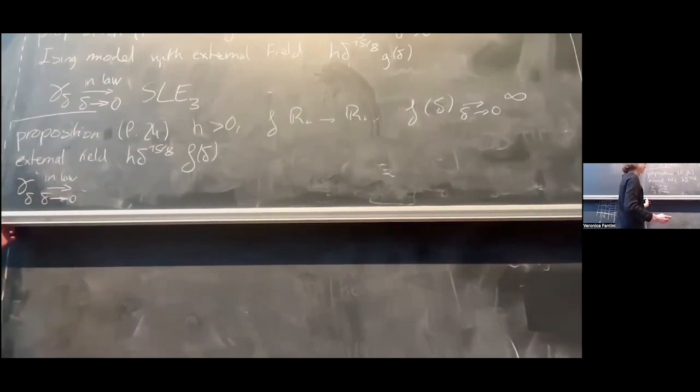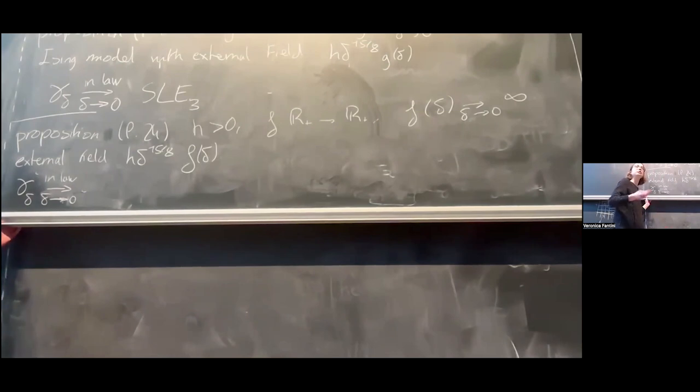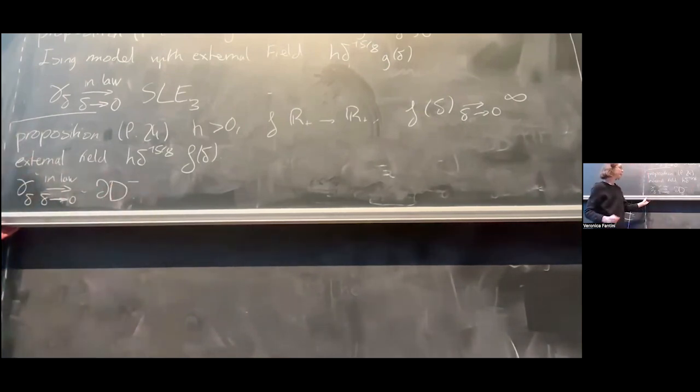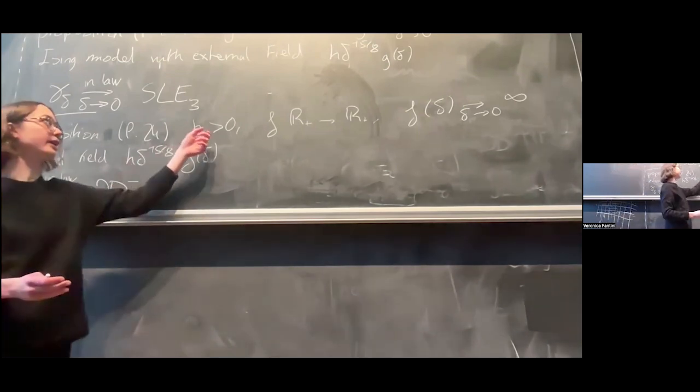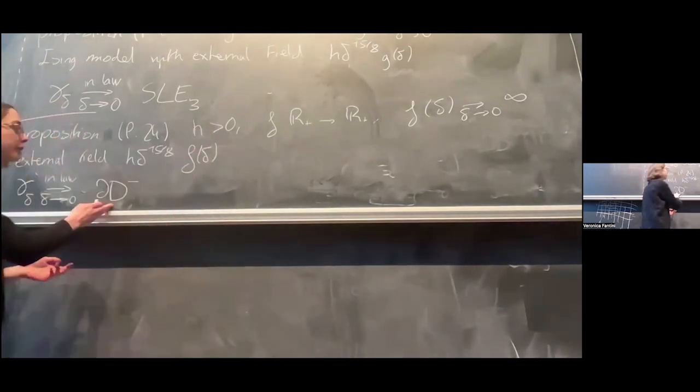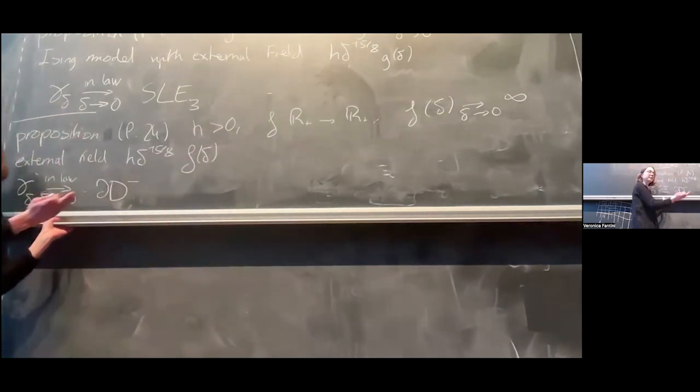And it turned out that the field is so big that it's super hard for the model to have a long path of minus spins. So in that case, the interface is just in the limit going to stick to the boundary where you impose minus boundary condition. And here I should say this is because h is strictly positive, but if you switch the sign, you will stick to the plus boundary.